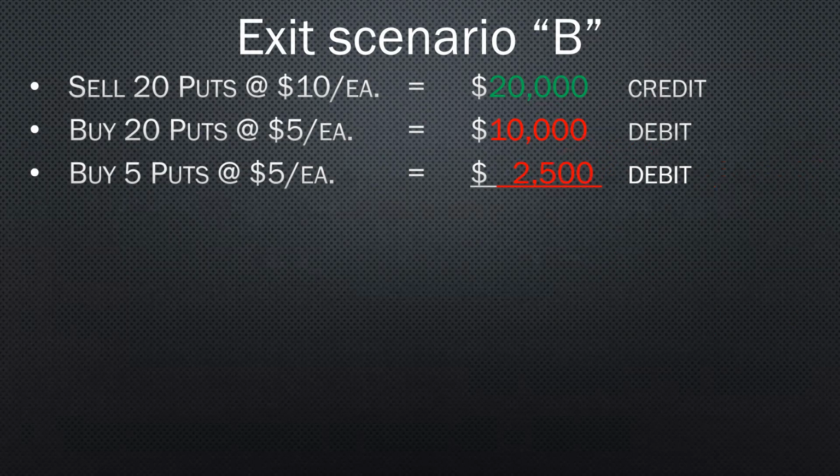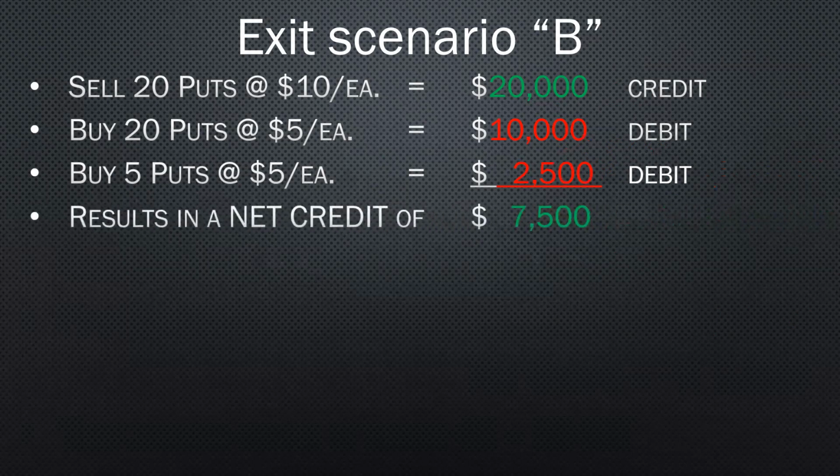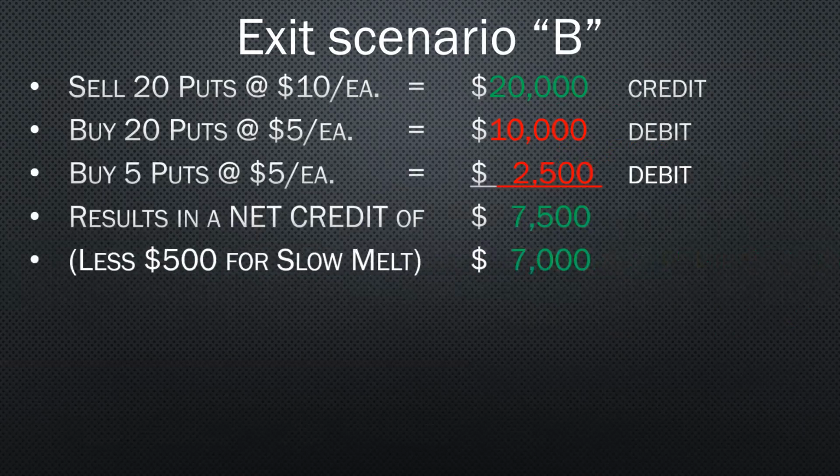That would cost us about $2,500. So it's the same 20,000 and 12,500. I'm just breaking it up a little bit for a reason. Results in a net credit of $7,500, just like it did in scenario A. Less the $500 for a slow melt. So $7,000, just like in scenario A.